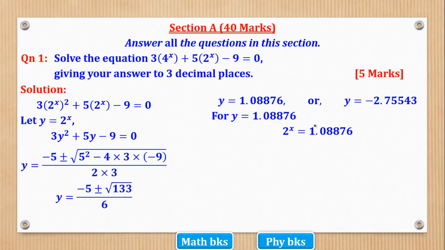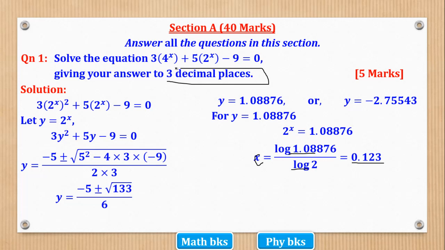Now because these are decimals, the only option was to use logarithms, either log base 10 or natural logarithm. For now we shall go with log base 10. So put log base 10 on both sides, and you will come up with the value of x being equal to log of this divided by log of this, which gives you the answer to 3 decimal places.